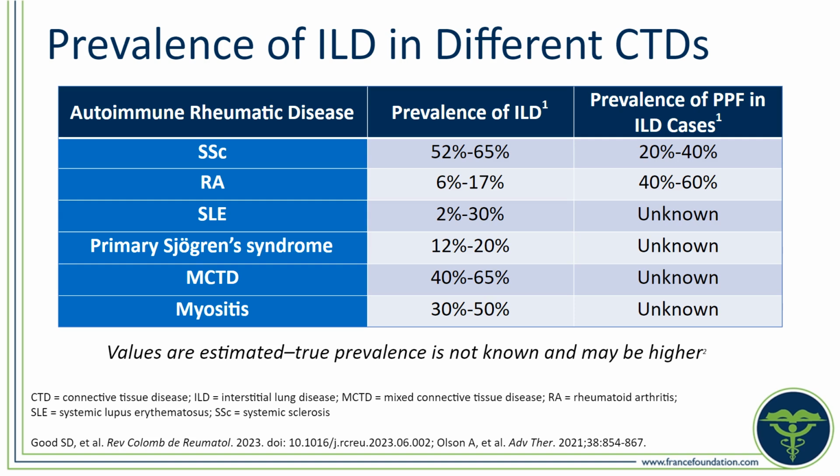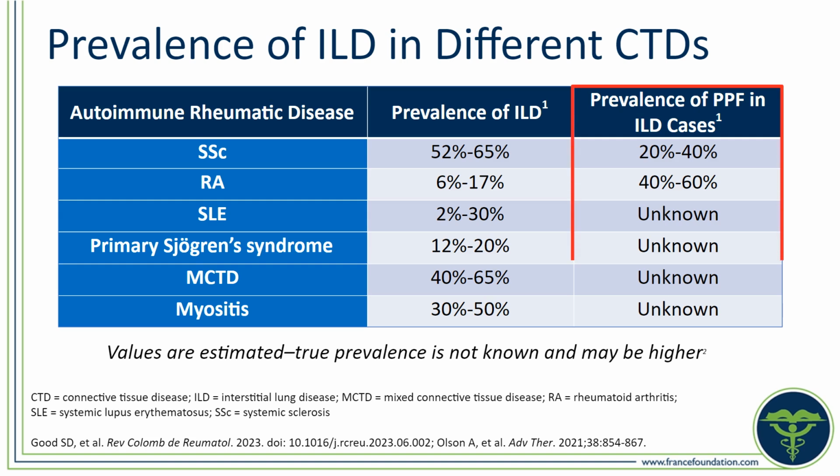Some studies may use a high-resolution chest CT, which would be the most sensitive way to detect ILD, but others could use pulmonary function testing or chest X-ray, which can be insensitive for detecting ILD, particularly early interstitial lung disease. So again, this is why for diseases such as lupus, you can see a wide range of prevalence.